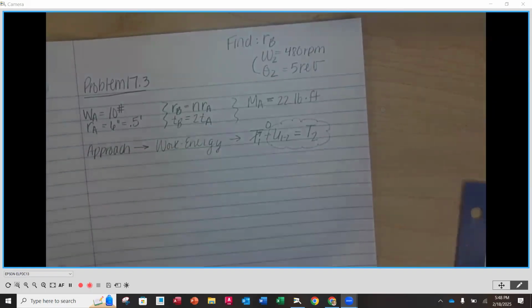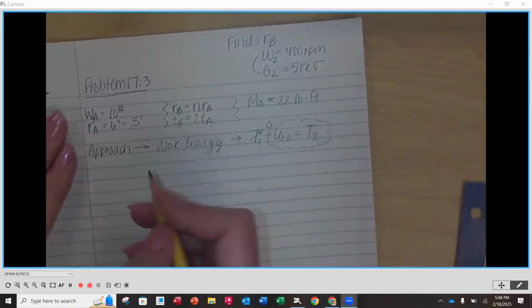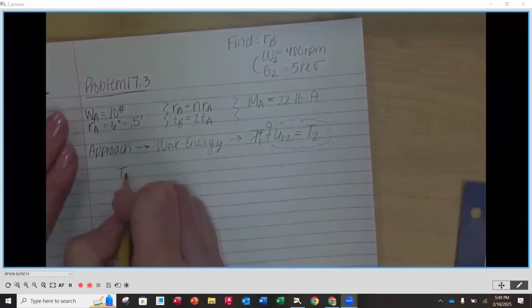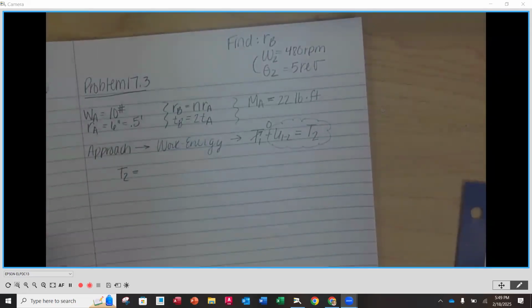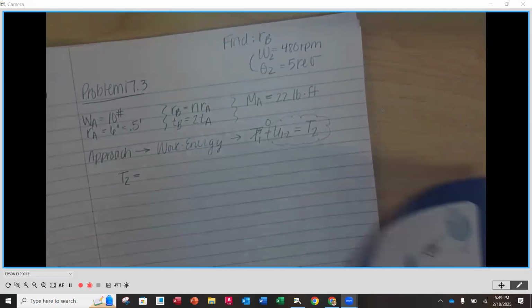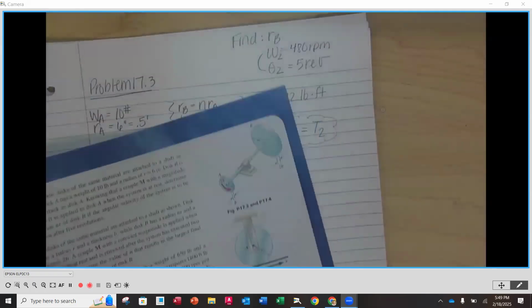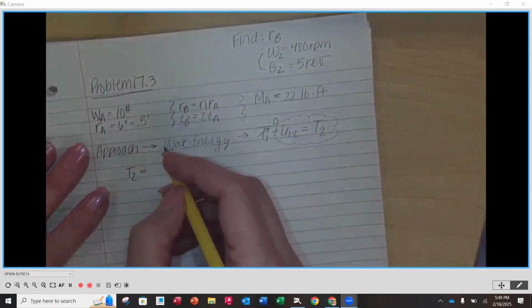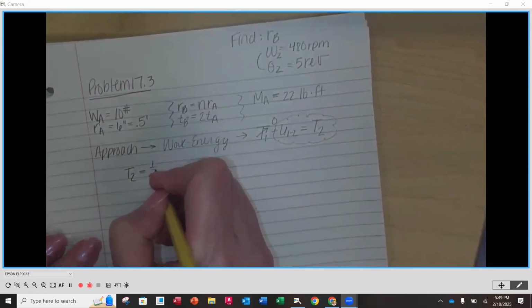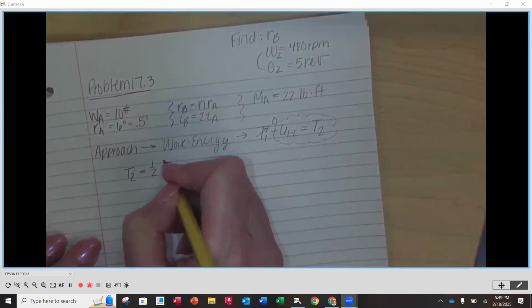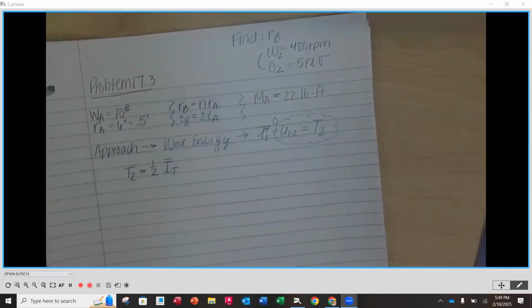Okay. Now, it's worth expanding on those based on the problem that we have and the variables that we're going to be using. So T2, our kinetic energy final, is based on a rotating body, right? A rotating body. So we can say that the kinetic energy then is going to be 1/2 times the moment of inertia total of disk A and disk B we're going to find.